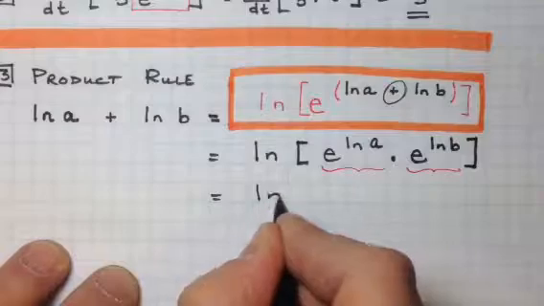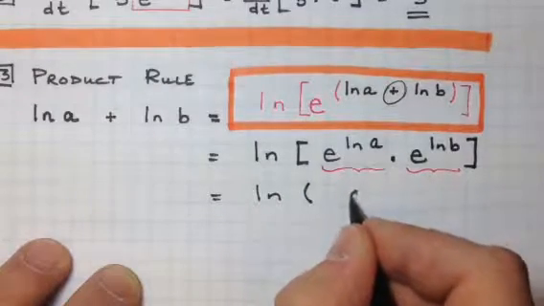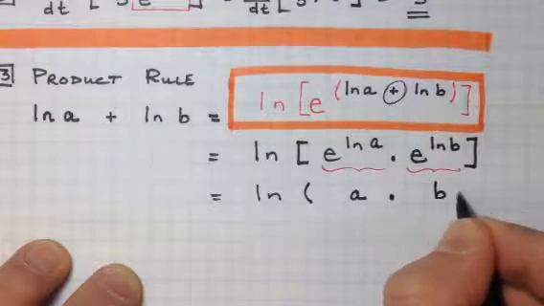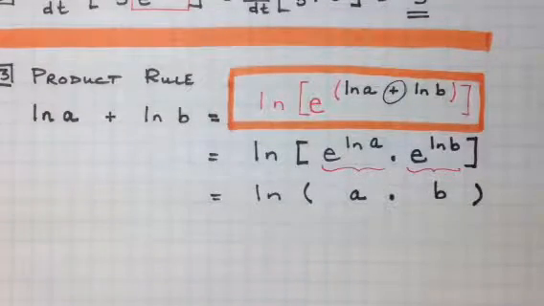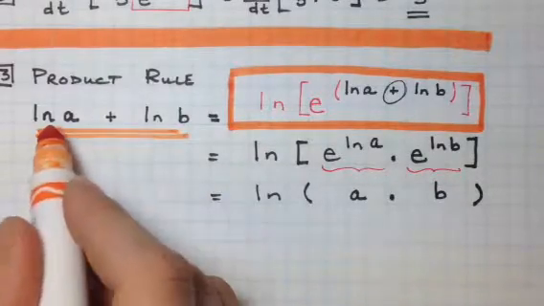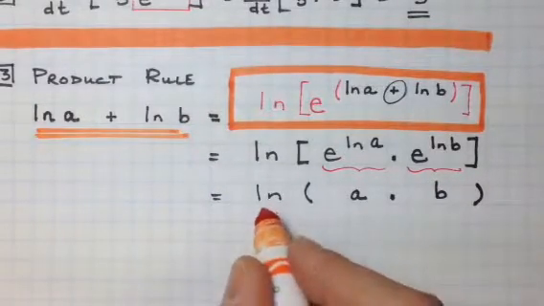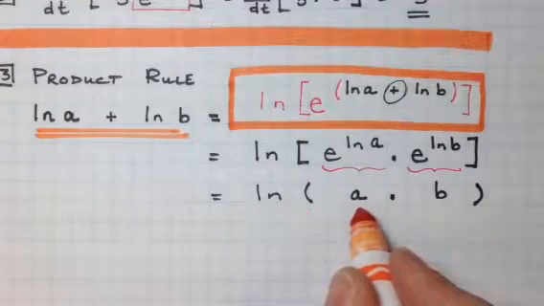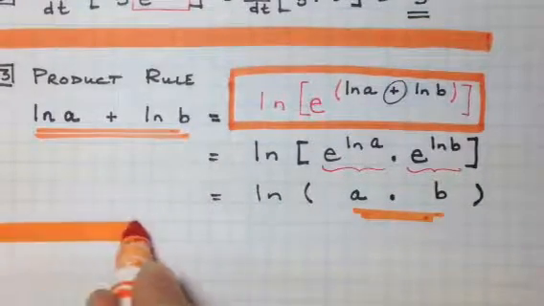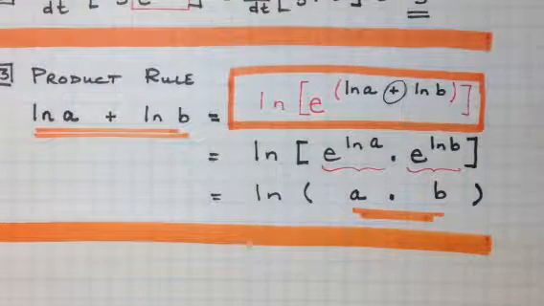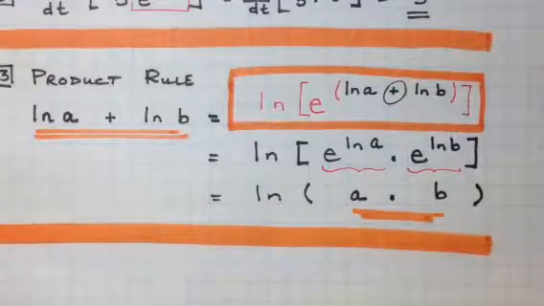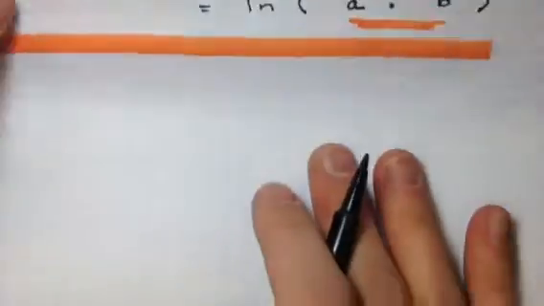This is the natural log of, that's just an A, times this is just B. Again, using those inverse properties. So the moral of the story is that if you're taking the sum of two natural logs, it's equal to the natural log of their product, hence the product rule. So let's look at an example of a problem that we can solve using this product rule.